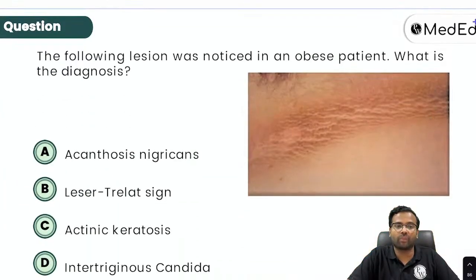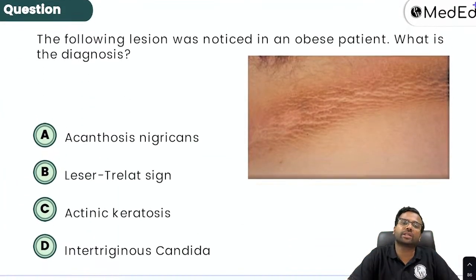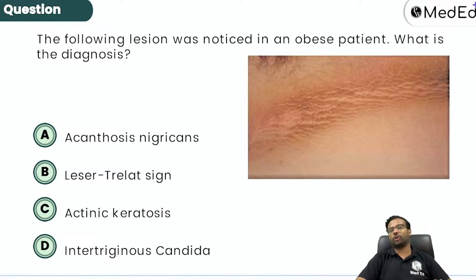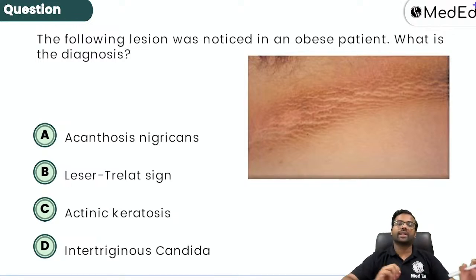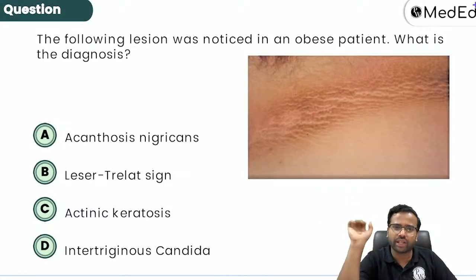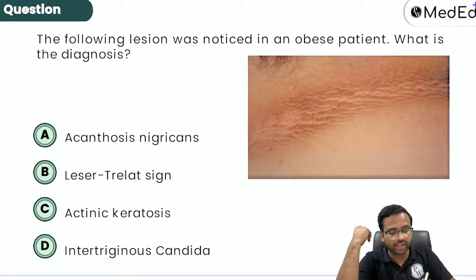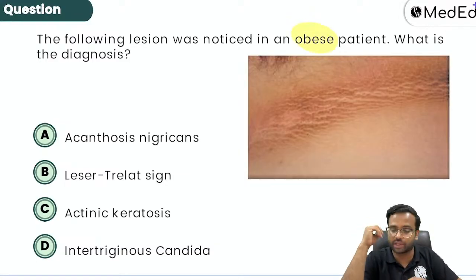Excellent. Now, next one. The following lesion was noticed in an obese patient. What's the diagnosis? From the image, it is difficult to say which part of the body it can be. But what I can see is a rough lesion and the skin looks velvety. There is hyperpigmentation as well, and the question says this is an obese patient. Options: acanthosis, Leser-Trelat, actinic keratosis, intertriginous candida.